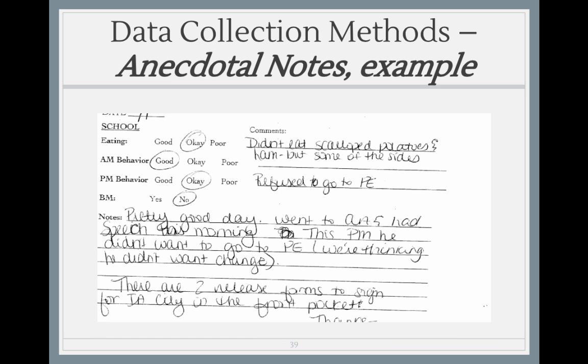And for this particular student who had some digestive medical concerns as well, they always wanted to keep track of whether or not this student had a bowel movement at school. Then there is a place for comments and notes. So this is a really good example of an anecdotal note that was a part of a homeschool notebook for a student.